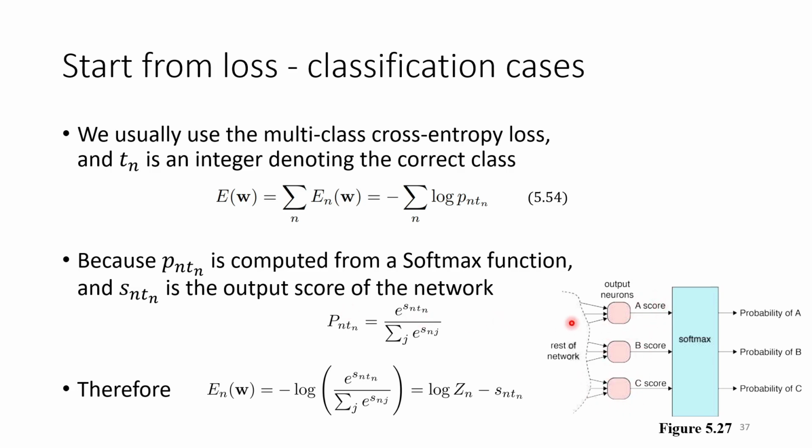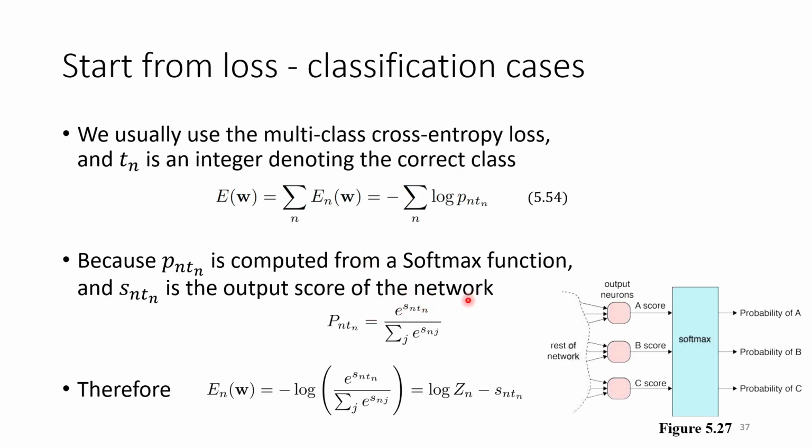At the end of our network, we generate several scores, so that is A score, B score, C score. And the softmax is just the exponential of those scores, divided by a denominator, and the denominator is the sum of the exponentials of the scores.